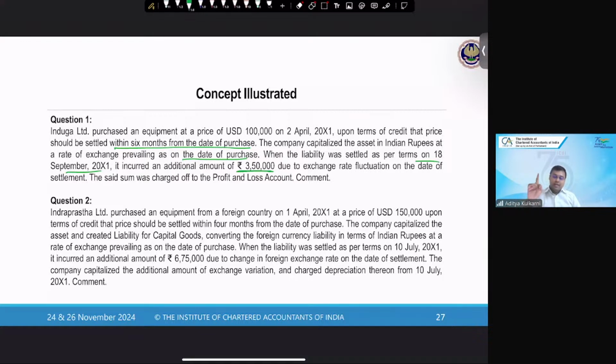This option is not there under Ind AS 21. And that is why the treatment of charging the sum to the P&L account is, as Pooja rightly said, correct. And I think Hemant, all of you said that it is correct. Are you okay? Yes.